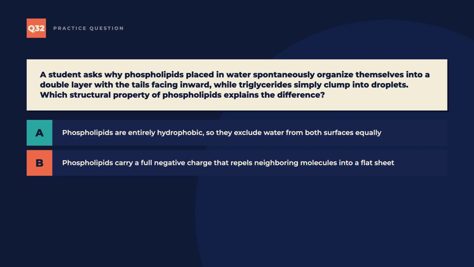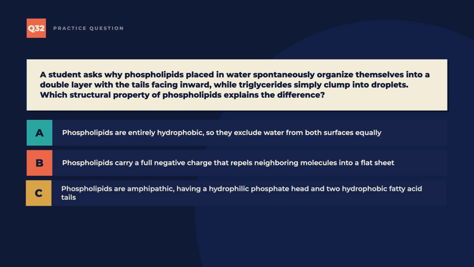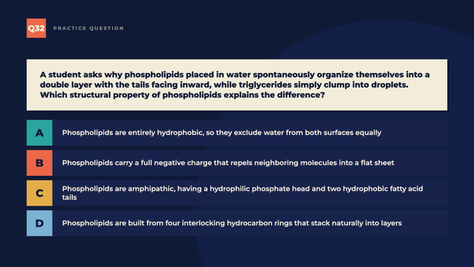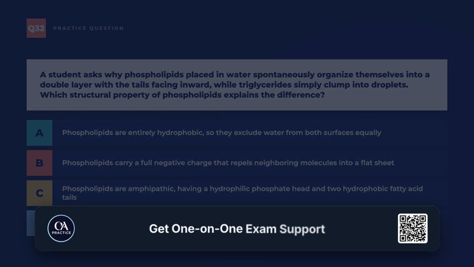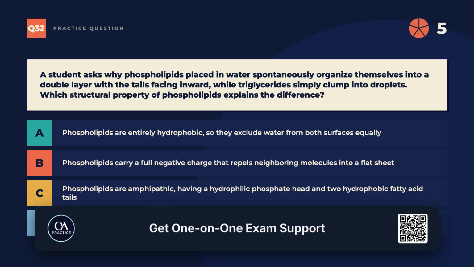B. Phospholipids carry a full negative charge that repels neighboring molecules into a flat sheet. C. Phospholipids are amphipathic, having a hydrophilic phosphate head and 2 hydrophobic fatty acid tails. D. Phospholipids are built from 4 interlocking hydrocarbon rings that stack naturally into layers. Got a guess? Lock it in.